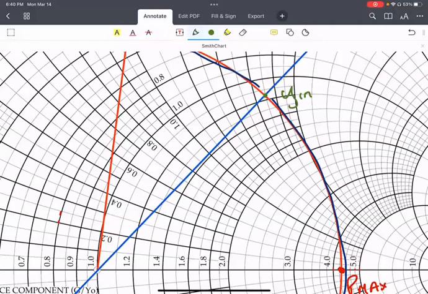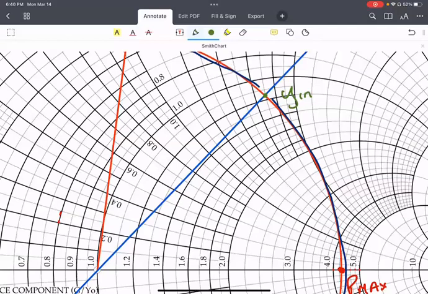1.15. So what you got to do for the real part is you got to follow these circles. So you'd follow that down to here, right? So you could kind of follow these two and go, well, it's in between those two, right? And those two are 1.1, 1.2, right? Note they're not always the same increments. So that's 1.1, 1.2, 1.3, 1.4.